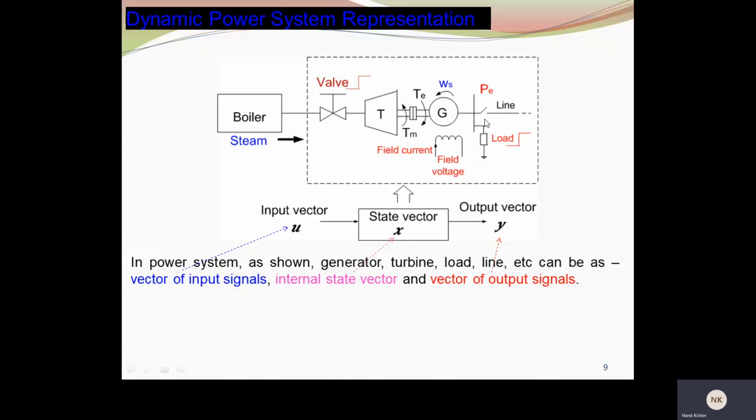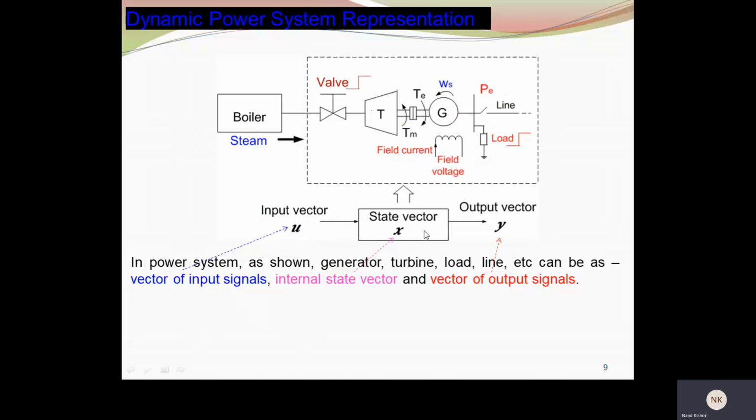Subsequently, if there is any disturbance on the generator side, there also has to be a regulated change from the boiler side or the turbine side, so that we can regulate the amount of steam inlet to the turbine. Now for this system as shown, you have some input variables.